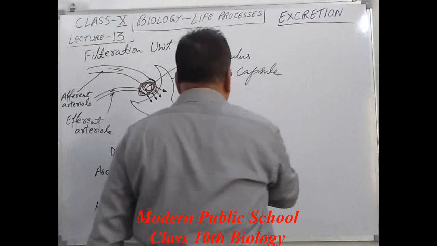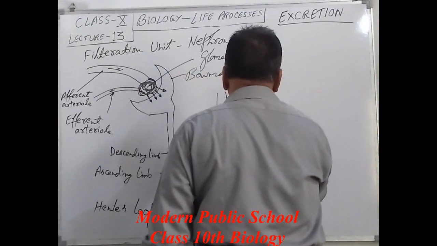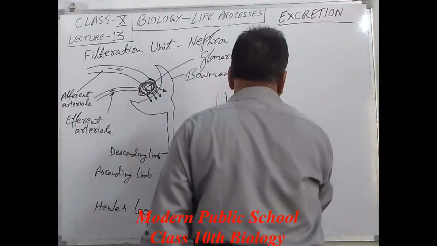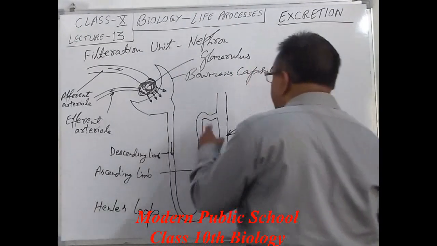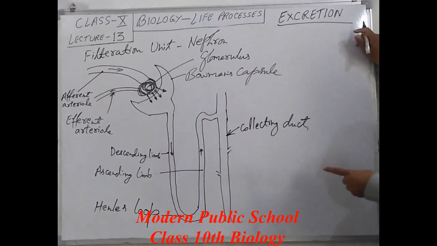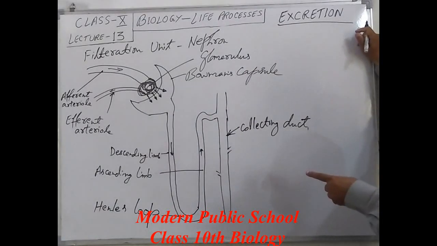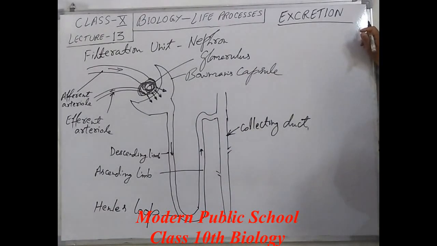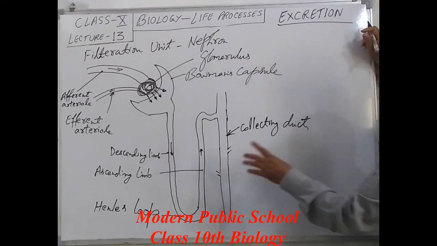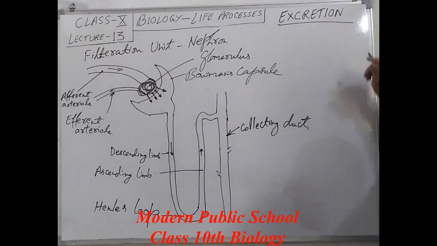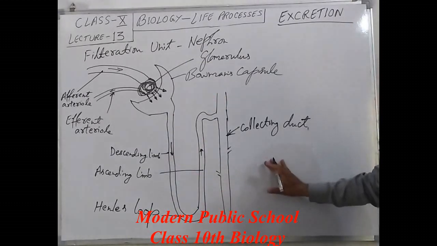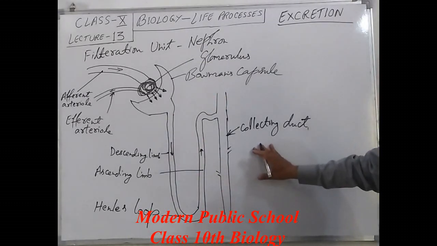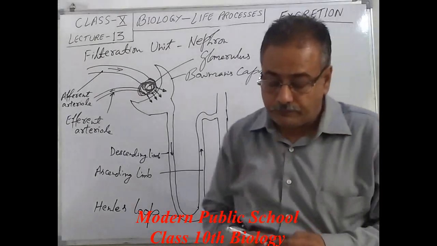It is the collecting duct. In a single collecting duct, several nephrons can open. This is the diagram of the nephron. It is the unit of kidney.